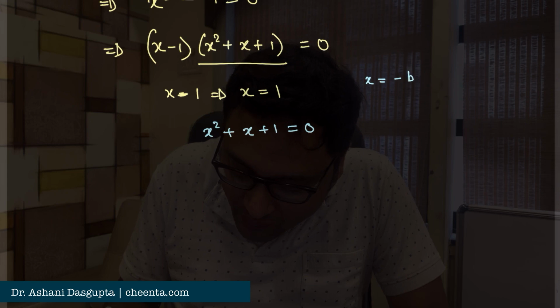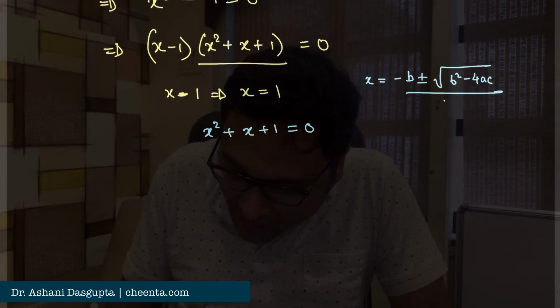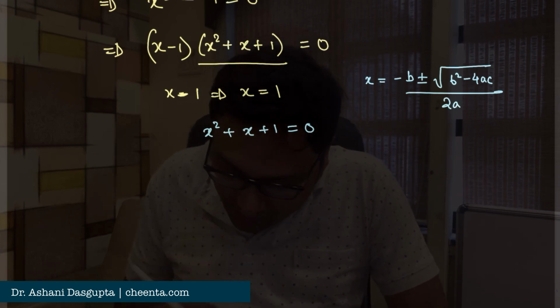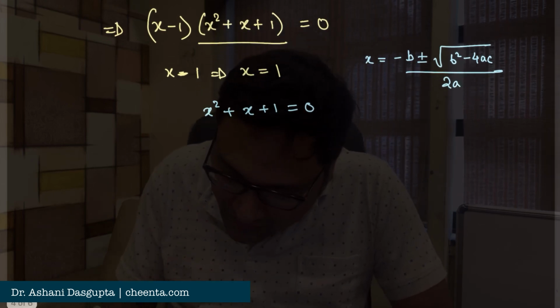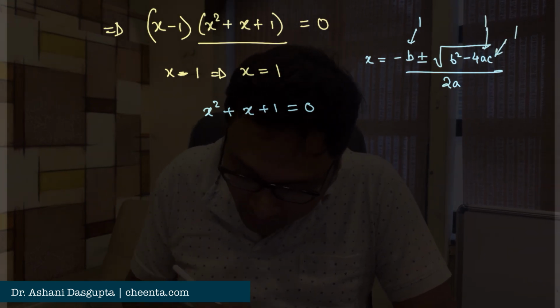That's x equals minus b plus or minus square root of b squared minus 4ac, divided by 2a, right? So here b is 1, a is 1, and c is also 1.